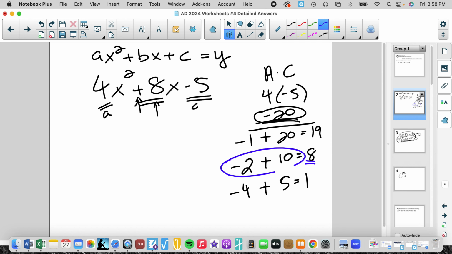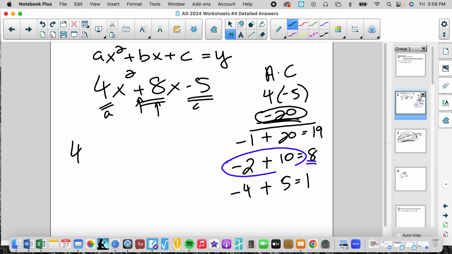-2 and +10. So I'm going to turn this trinomial into a polynomial or a quadnomial. -2x plus 10x minus 5. And you go, what? Where'd you get those numbers from? I got those numbers from -2 and +10 from here, because -2 and +10 makes 8.